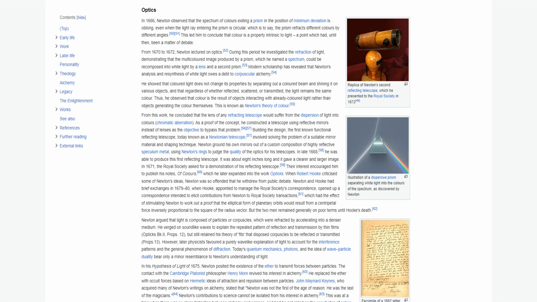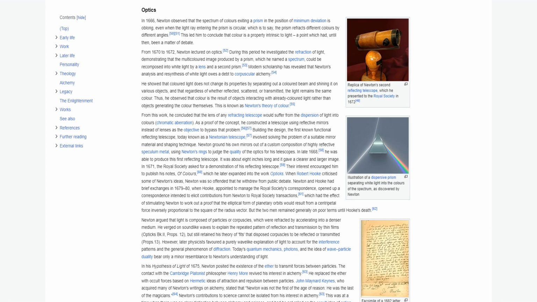Newton and Hooke had brief exchanges in 1679–80, when Hooke, appointed to manage the Royal Society's correspondence, opened up a correspondence intended to elicit contributions from Newton to Royal Society transactions, which had the effect of stimulating Newton to work out a proof that the elliptical form of planetary orbits would result from a centripetal force inversely proportional to the square of the radius vector. But the two men remained generally on poor terms until Hooke's death.